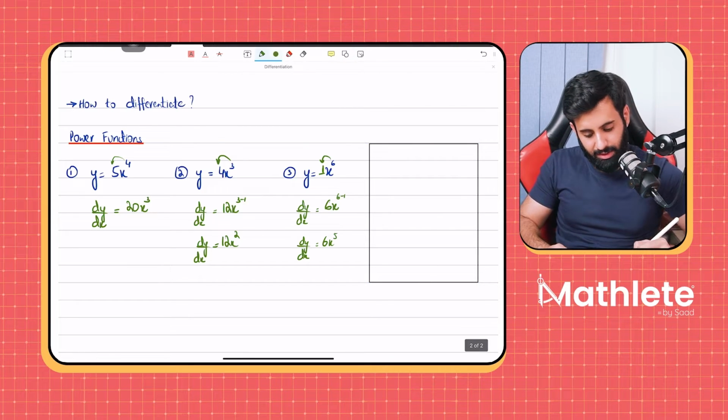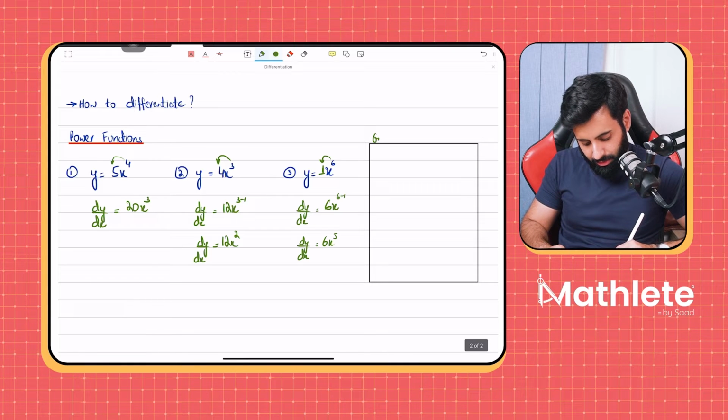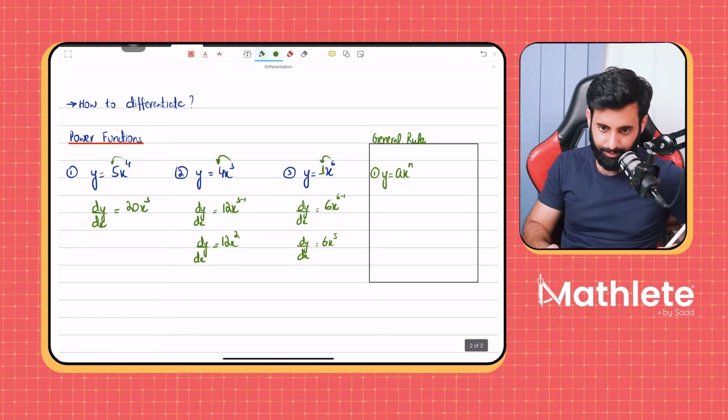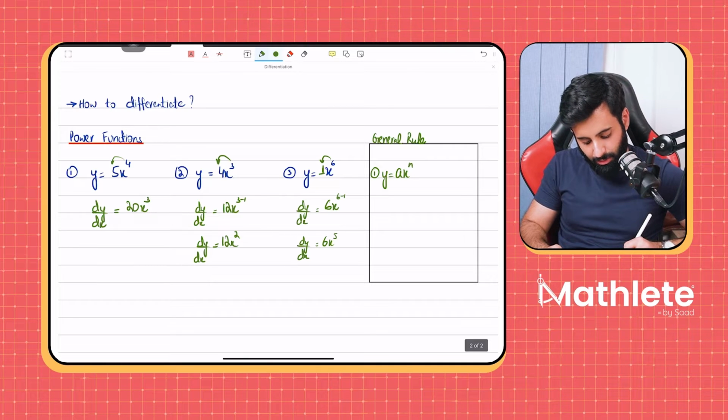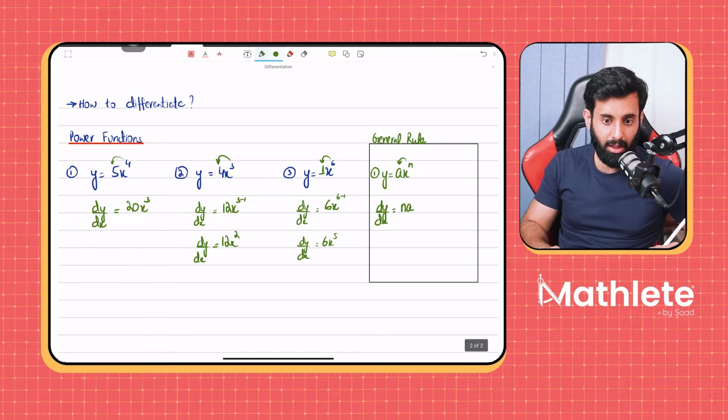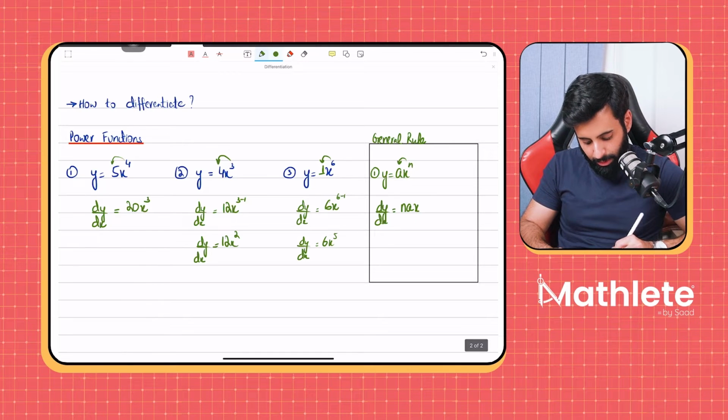Now, what exactly is the general rule? Let's look at the general or the standard rule. Let's say we have y equals ax to the power of n. We multiply the coefficient of x with the power on x. So what do we get? We get n times a. And then what do we do to the power?